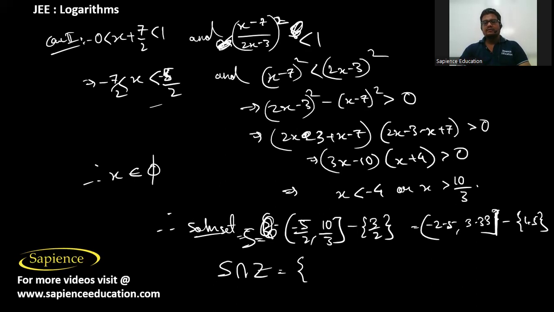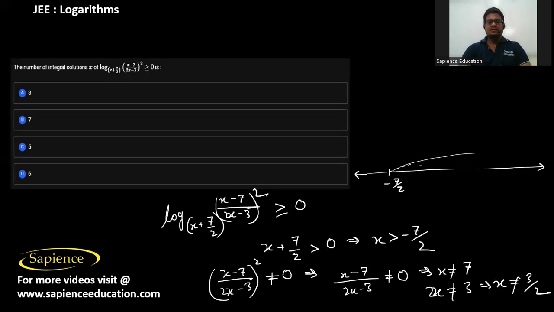So more than -2.5, that is -2 we can take, -1 we can take, 0 we can take, 1 we can take, 2 we can take, 3 we can take, 4 we cannot take. So there are 6 integral solutions. So the number of integral solutions of this equation is 6. Option D is the correct answer.